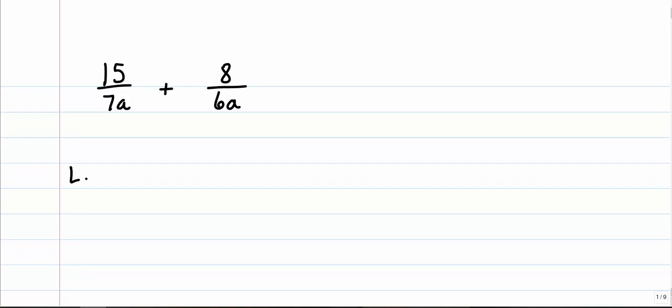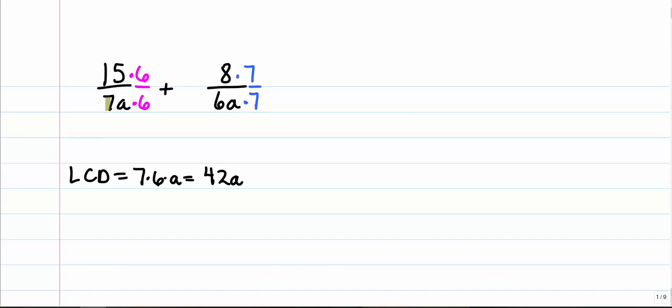I found that the least common denominator was 7 times 6 times a, which was 42a. And in order to make that 42a in this first fraction, I needed to multiply the denominator by 6, which meant I also had to multiply the numerator by 6. For the second fraction, I had to multiply the denominator by 7, so I also had to multiply the numerator by 7.